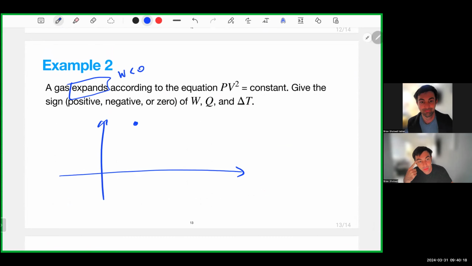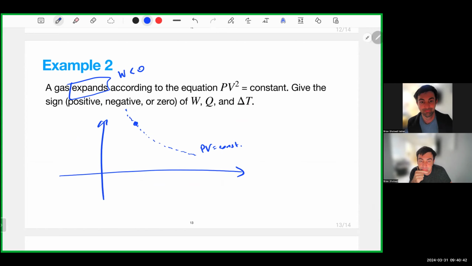The work done by the gas is positive, the work done on the gas is negative. So we know the sign of W right away. Now, if PV is constant, it looks like this hyperbola. This is PV equals constant, but that's not what we have in this problem. Right now we have P times V squared equals a constant.